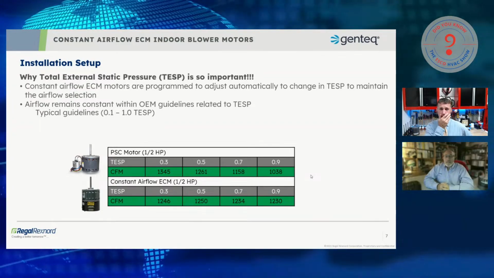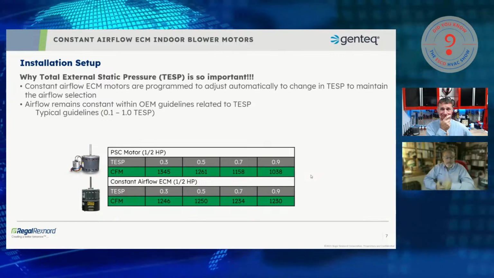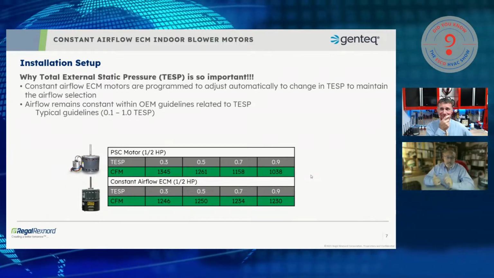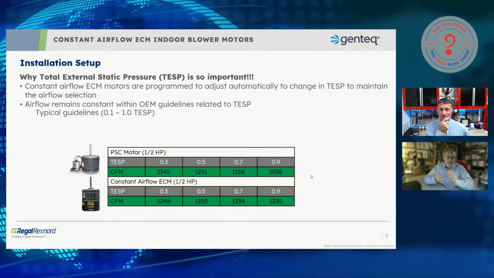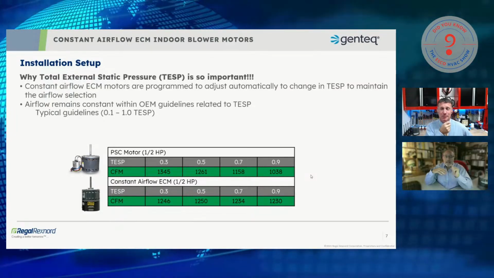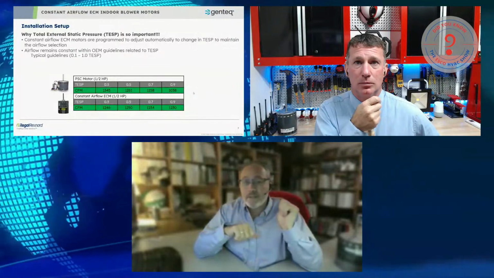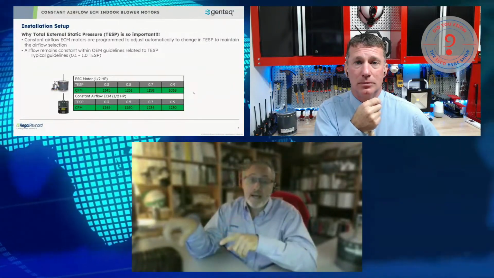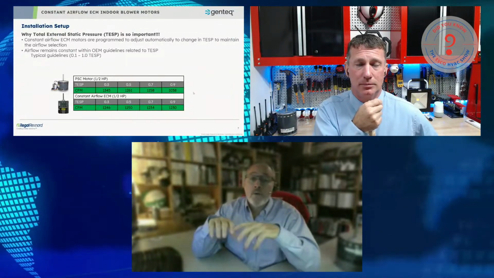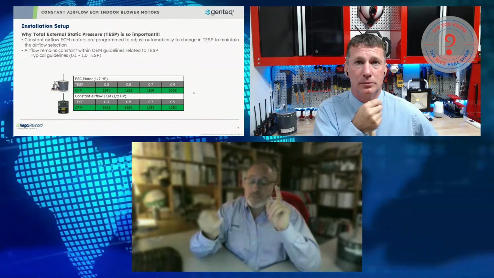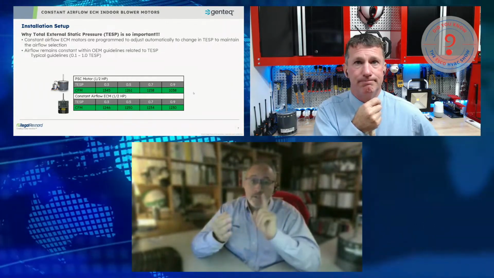So how do we do that? Well, there again, the motor doesn't know what static pressure is, and it doesn't know what CFM is, but it has, and this is where we won't go too deep, an algorithm programmed in the motor by each manufacturer for each appliance, where it knows the relationship between static, CFM, torque, and speed.